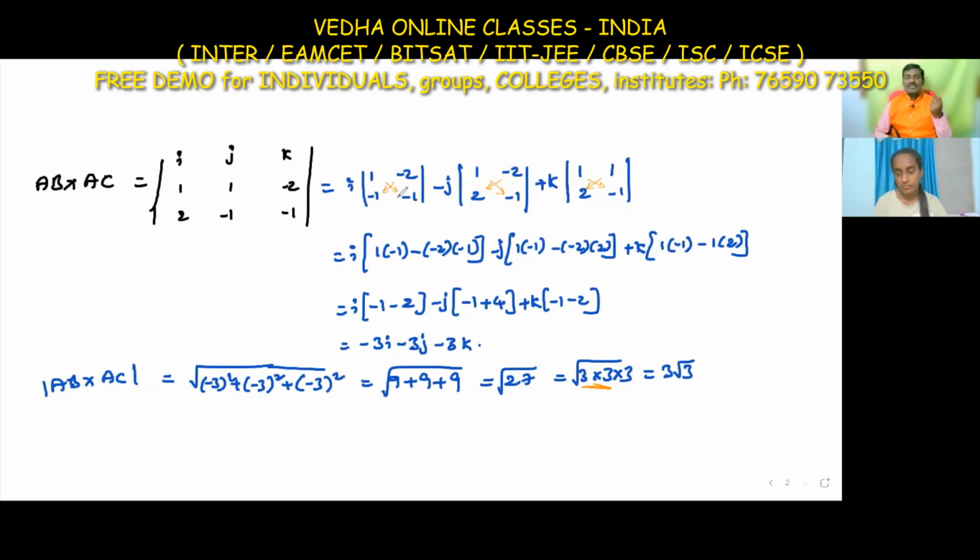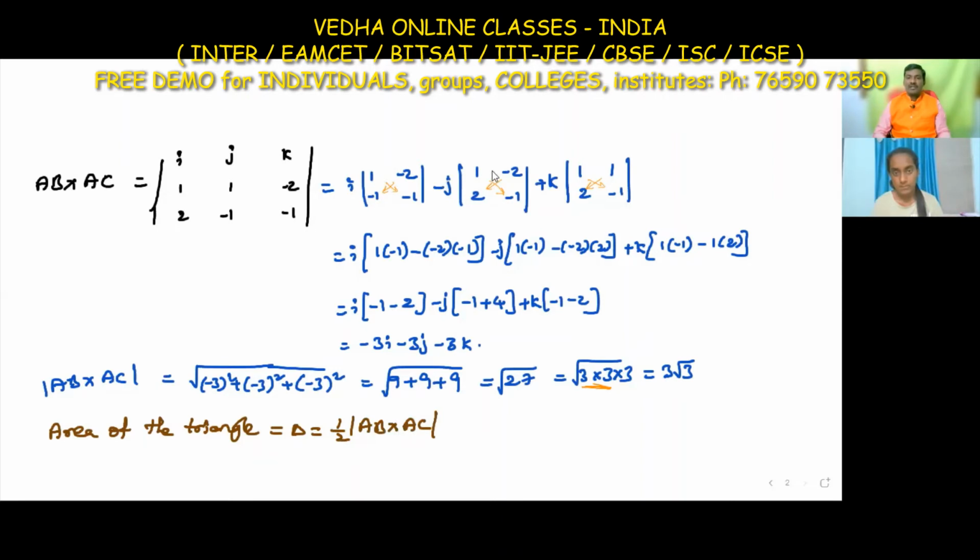This is the magnitude of AB cross AC. Now, what is the formula for the area of the triangle? Area, delta, is equal to 1 by 2 into the magnitude of AB cross AC.